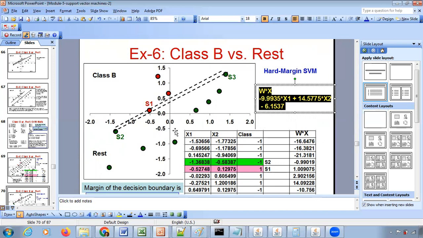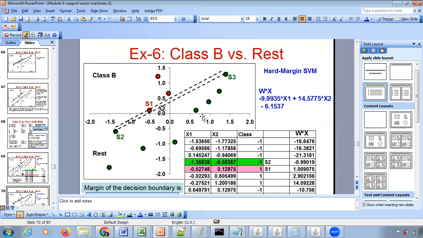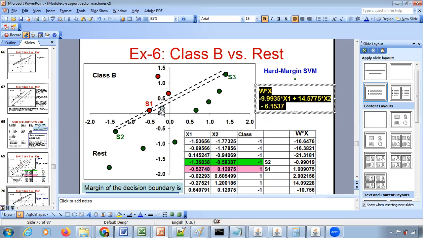For example, if I bring in a data point here, which technically belongs to the red class because it's closer to the red data points, but if I use this W times X, it's going to predict it to belong to the rest class and predict it in such a way that it actually belongs to class A. And you see here, this data point is not very close to any of the class A data points.